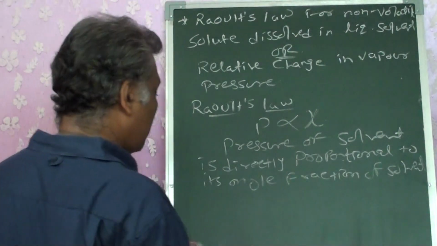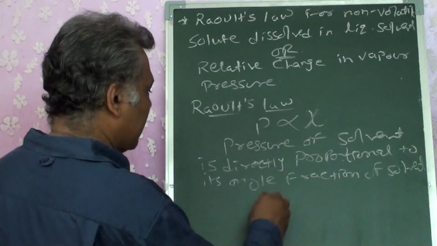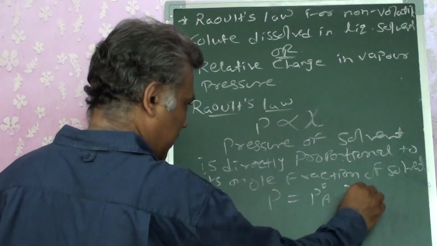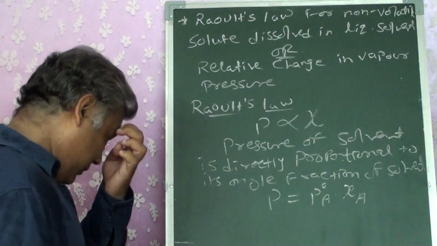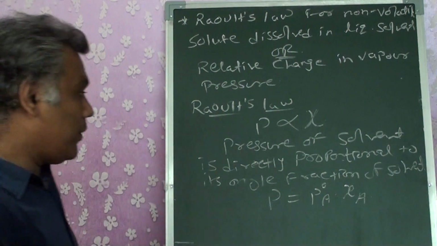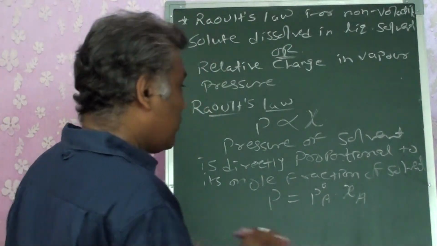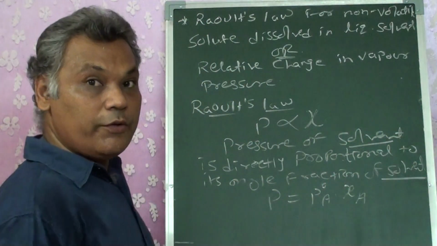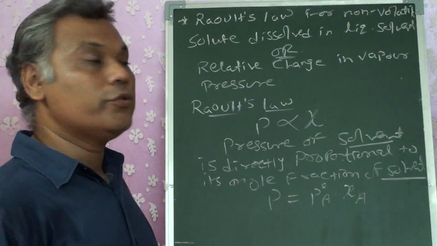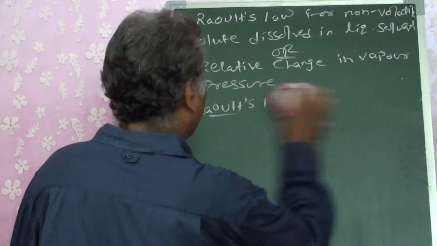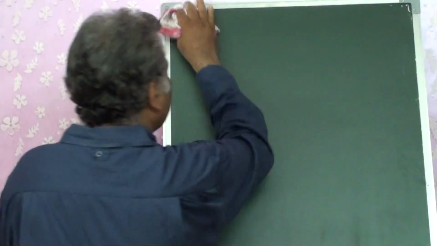So we wrote this formula as P is equal to P naught A XA. If it is PB, we wrote it as P naught B into XB. Now, this is for solvent. Actually, we want to study it for solution. So, let's go for the derivation.